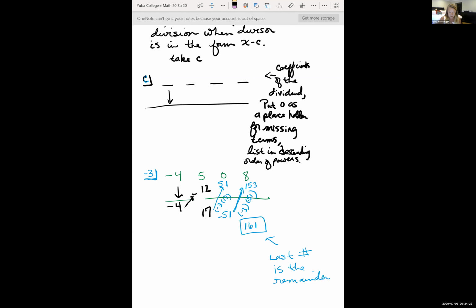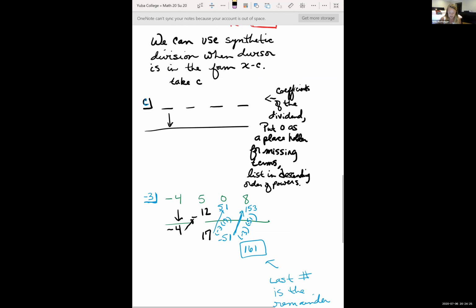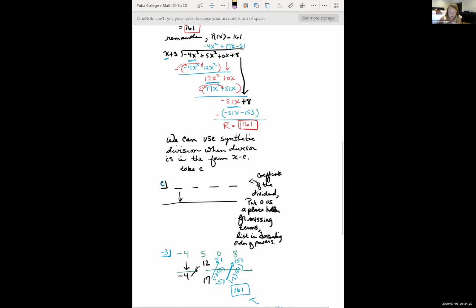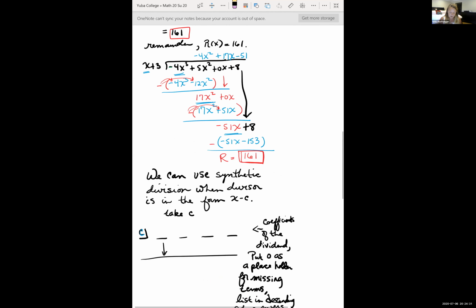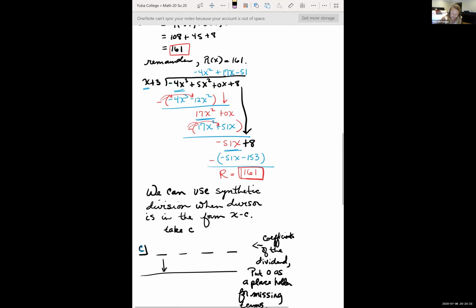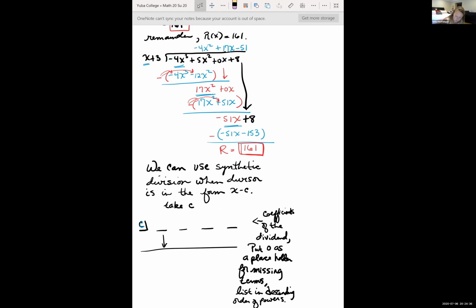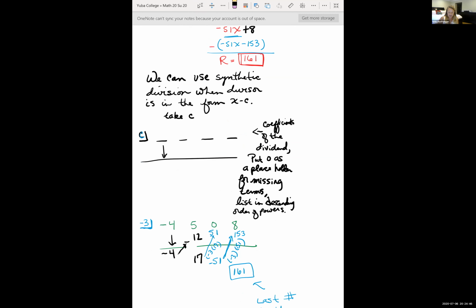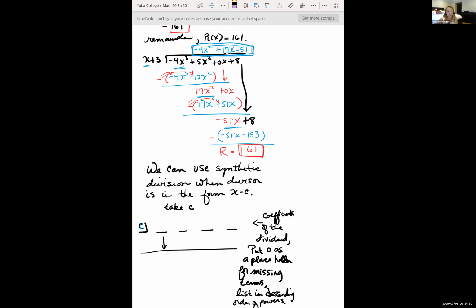Let's also go look at what we got for our quotient up here when we actually did the long division. So notice our quotient up here, -4x squared plus 17x minus 51. This is the exact same numbers, -4, 17, -51, as our coefficients in front of these terms.